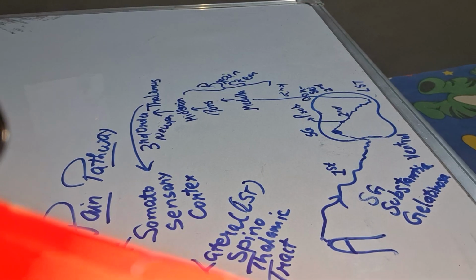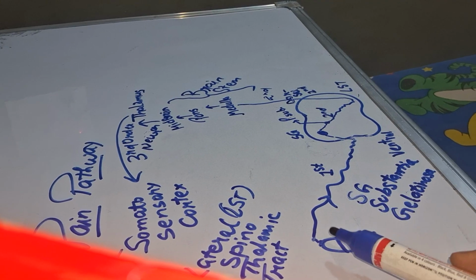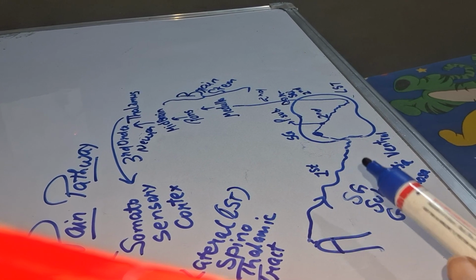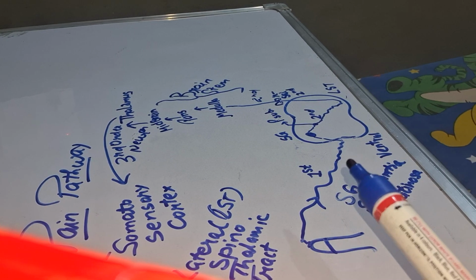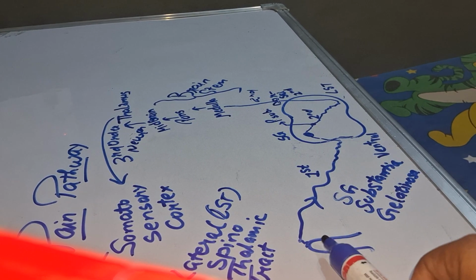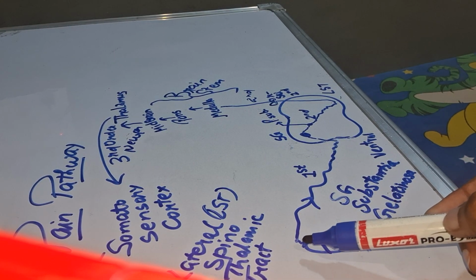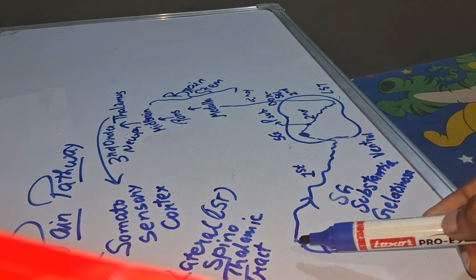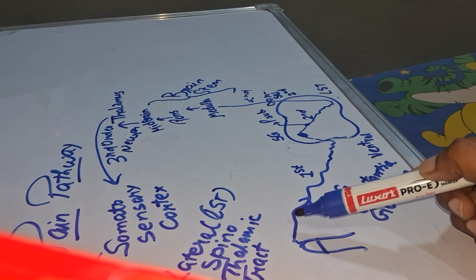Let's summarize it again. This is our finger. Suppose we came in contact with excess heat, or a burning sensation is felt over our skin. So how is it felt? The burning sensation is recognized by the afferent fibers, and through the afferent fibers the sensory signal travels.